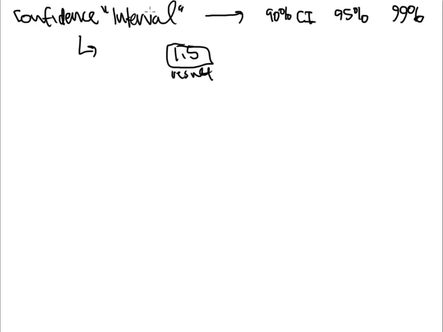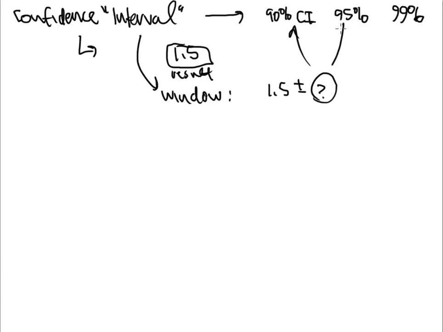But the confidence interval is going to provide a window for me that I report. Okay, that window is 1.5 plus or minus something. That is the window that we are getting ready to refer to, because this has a direct connection with how good I feel with the numbers.